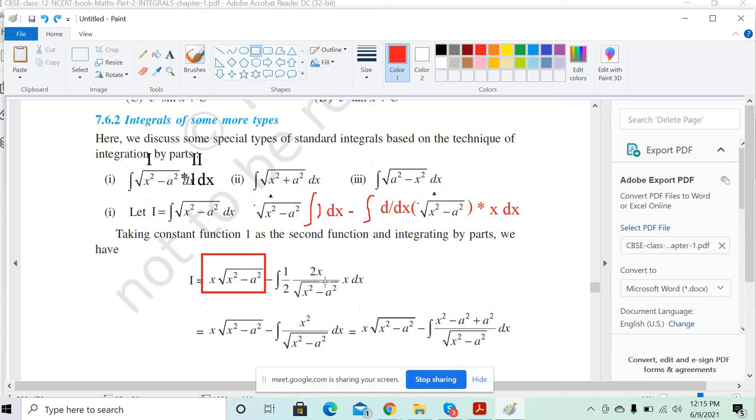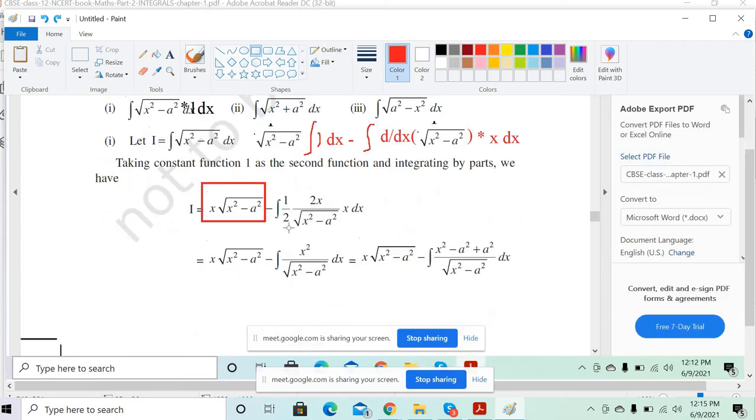Yes, sir. Once you get it, you'll get it in the form of this part. Entire thing will come in this form. Then 2x is there, then we have to use another method, and I will tell you what is to be done.